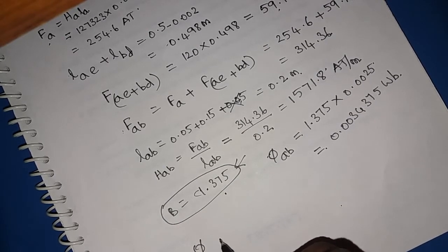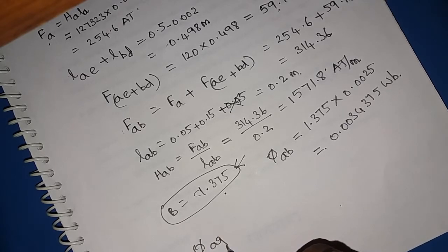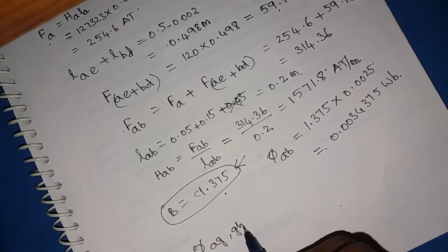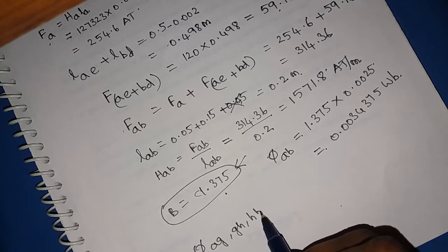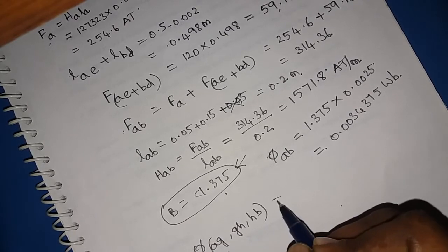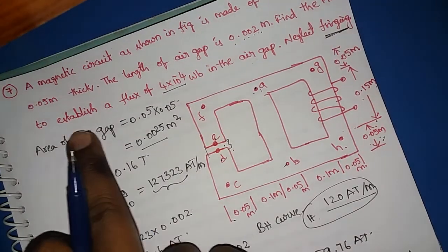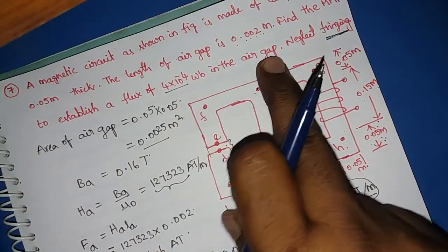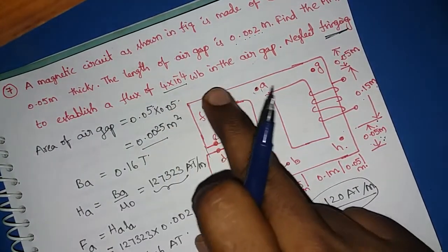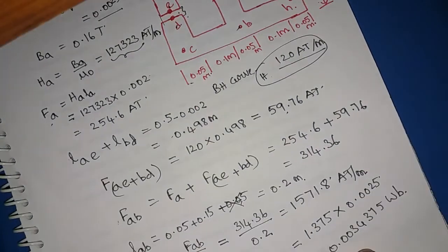Now what is the total flux? Total flux in legs AG, GH, HB will be equal to, so he has given one flux, that is the air gap flux, is this value, and the core flux is this value, the AB flux.